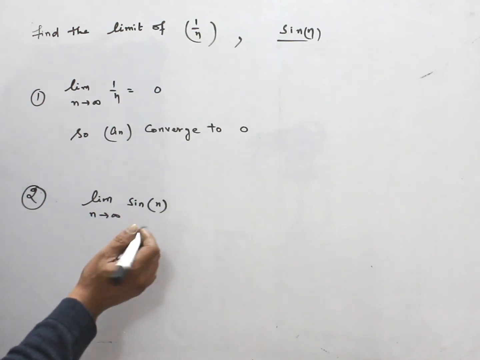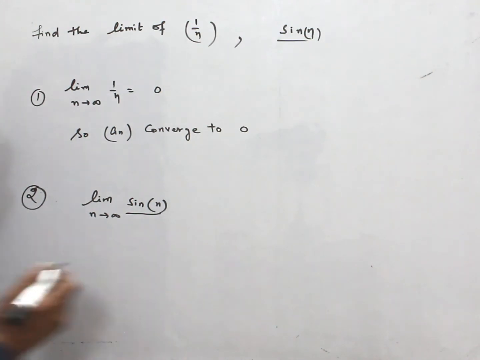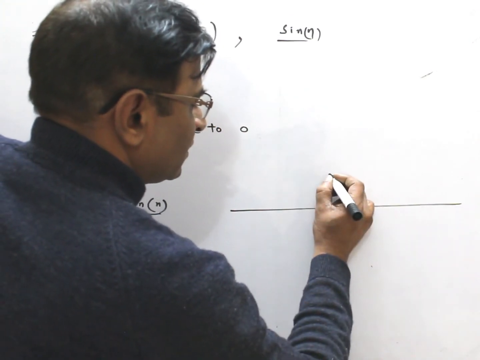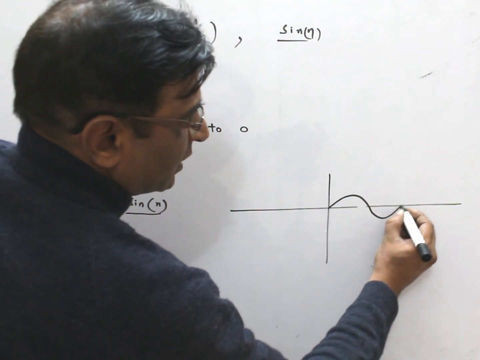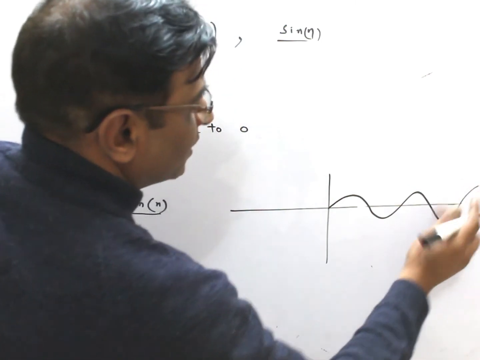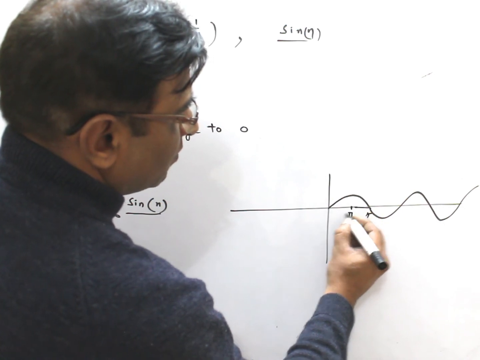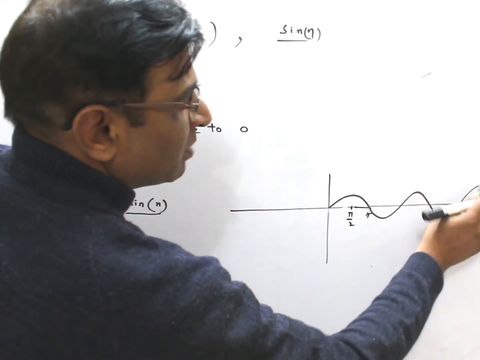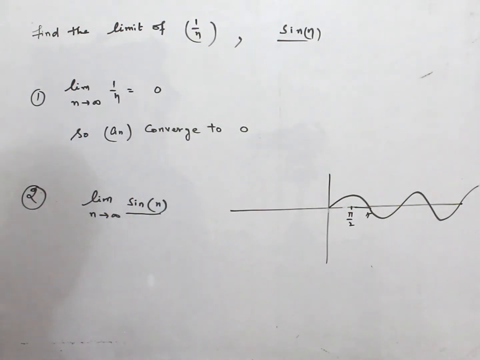If n increases, where will this whole function go? Graphically I tell you, the graph of sine is something like this. This value is pi, this is pi by 2. So as n is increasing, this function is not stable. It keeps going up and down.